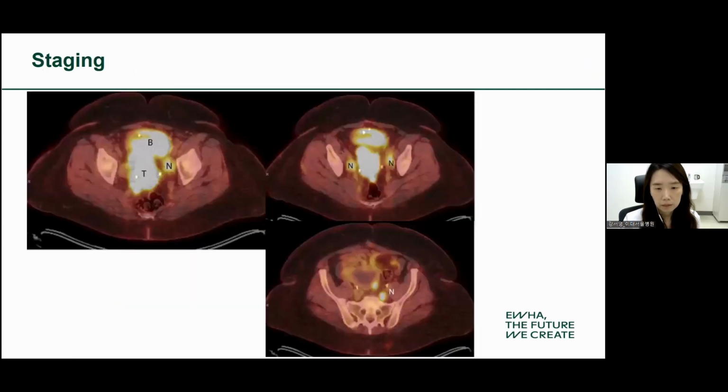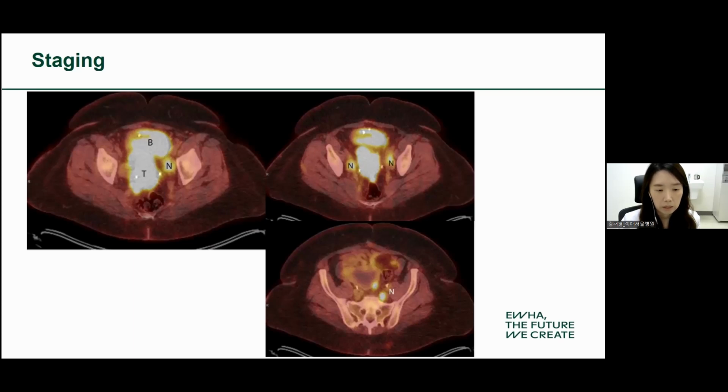The second case is similar to the previous one. It is staging for cervical cancer. Here is a hypermetabolic mass in the uterine cervix area, suggesting cervical cancer. And the urinary bladder here. Maybe here is a hypermetabolic region in between the urinary bladder and the primary cervical cancer.